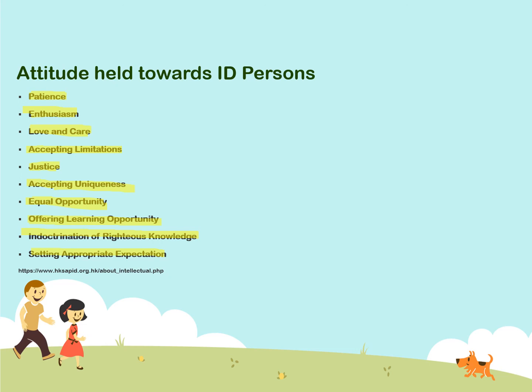They need not learn difficult calculations. They need not learn the XY equations. They need not learn sine cosine relationships, etc. We cannot set unrealistic objectives or goals for them. It's not fair to them.